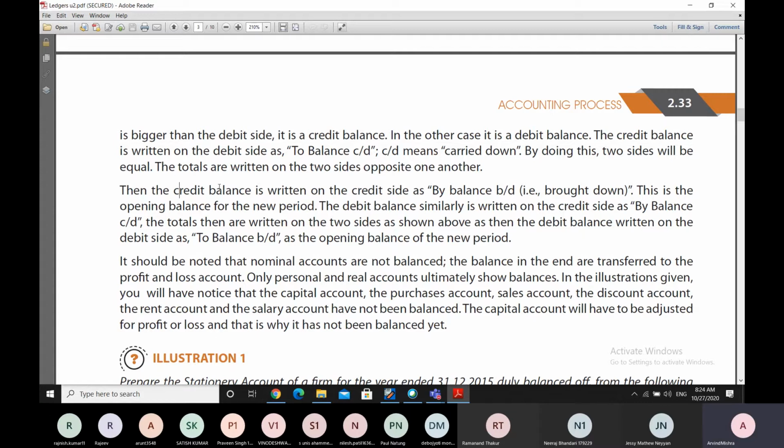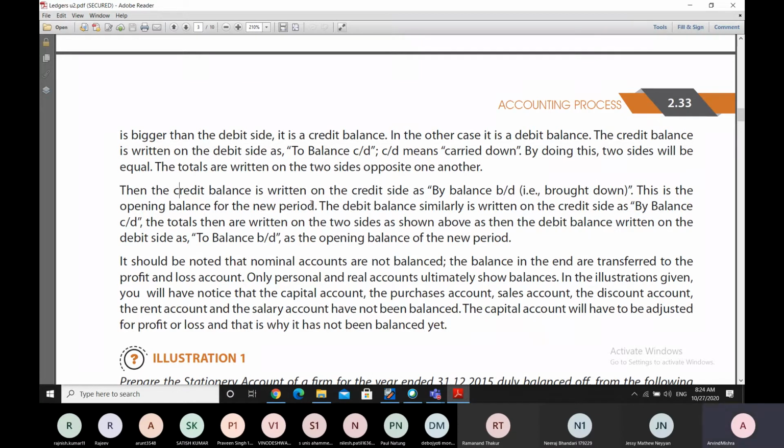So to clarify once again, the credit balance is first written on the debit side as "To balance carried down", and thereafter on the next page it is "By balance brought down", and it is written on the credit side while taking it to the next page, because that is the opening balance for the new period.